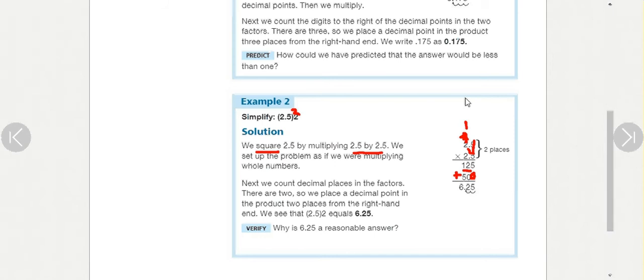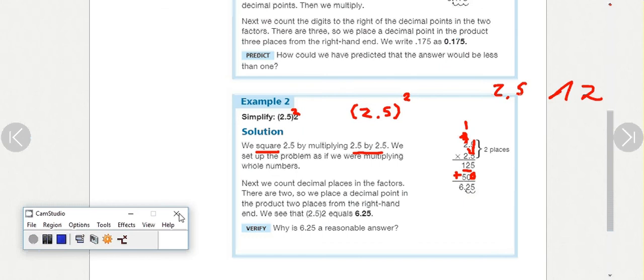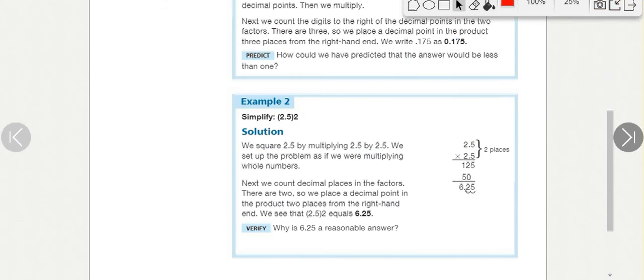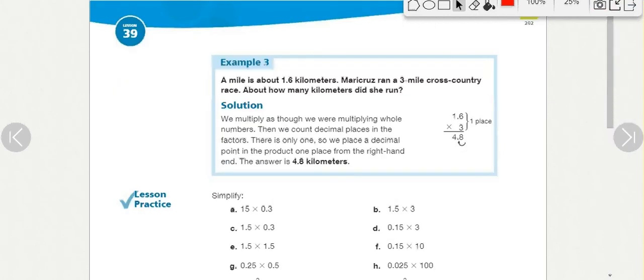So if you get confused why we did it this way, it's because this is using it like it's 2.5, and we learned about this last lesson, squared. That should be a raised little 2, or on a calculator sometimes caret 2. I'm upset about that. I'm not going to lie. But I digress. Let's move on regardless. Can't do anything about that. Maybe they fixed it in your book, I hope.